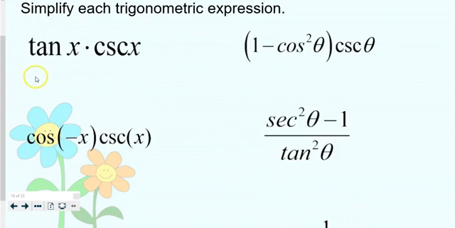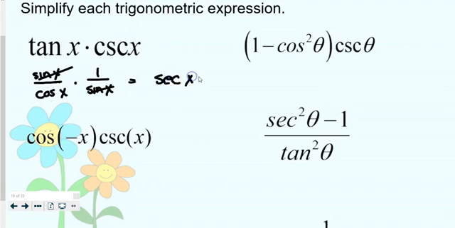All right, so the tangent of x is the same thing as the sine of x over the cosine of x. And the cosecant is the same thing as 1 over the sine. So our sines cancel, then we have 1 over cosine. 1 over cosine is equivalent to secant of x. How about 1 minus cosine squared times cosecant?